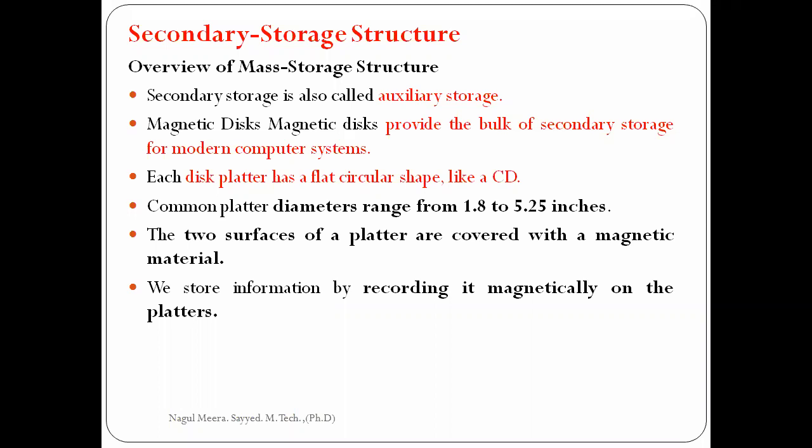The diameter of these platters is 1.8 to 5.25 inches. Each platter can store on both sides because both sides are covered with magnetic material, so it can record data magnetically. This is the overview of mass storage.